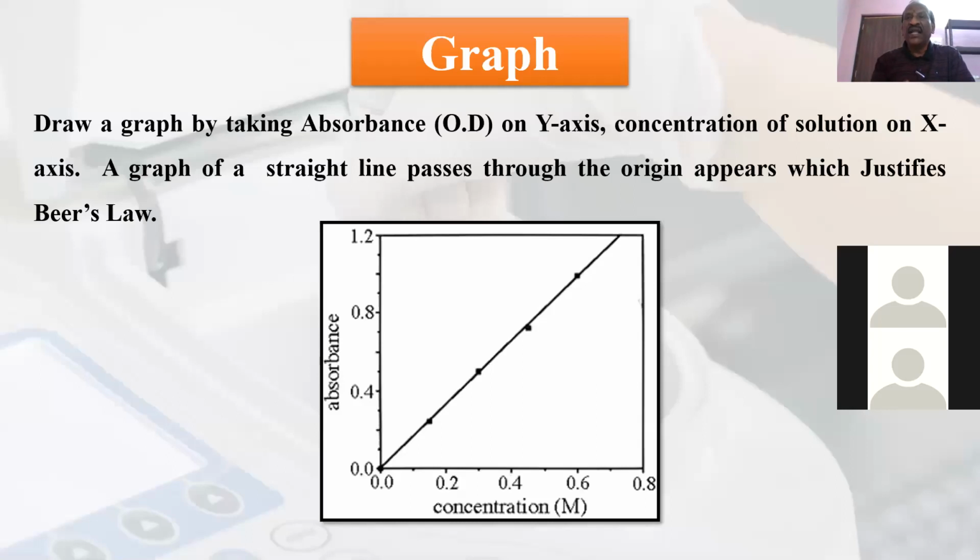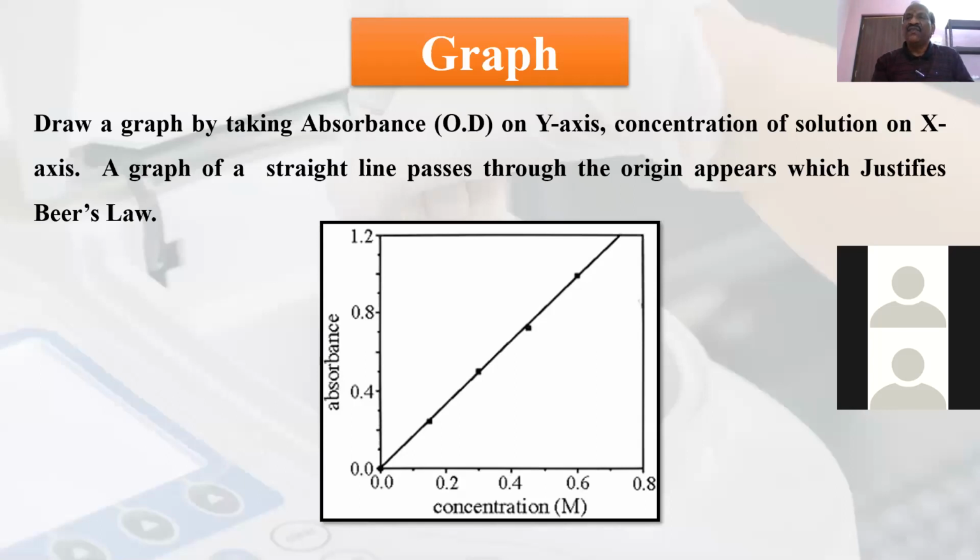Then you have to take that solution in the cuvette and put it in the slot, switch on the spectrophotometer, and you need not change the filter, it should remain the same, and then you have to observe the OD value.